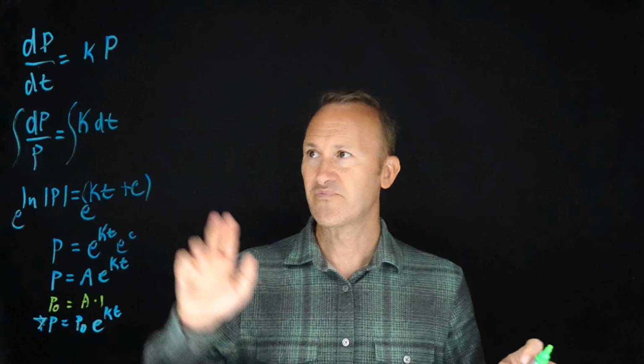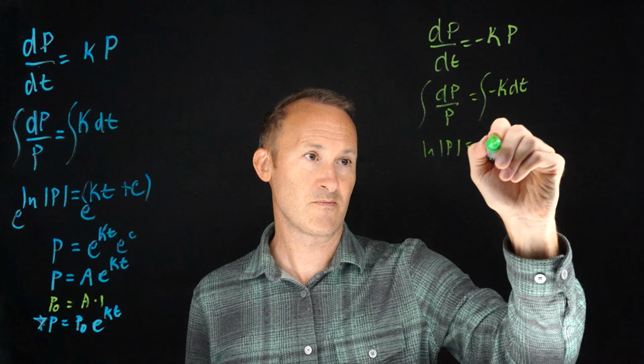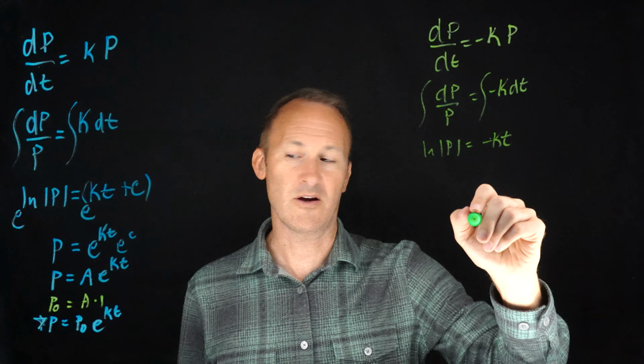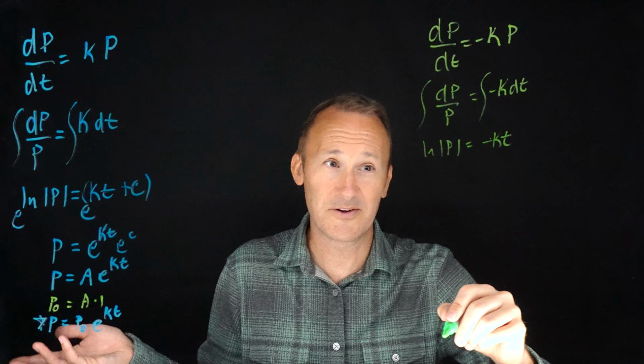We get dP over P equals negative k dt, and then we integrate both sides. Same thing, it's pretty much the same. Natural log of P equals negative kt. The k is going to be negative, everything else is the same.